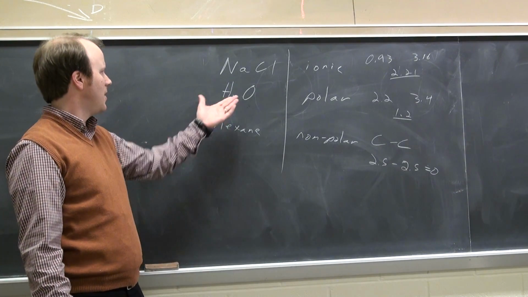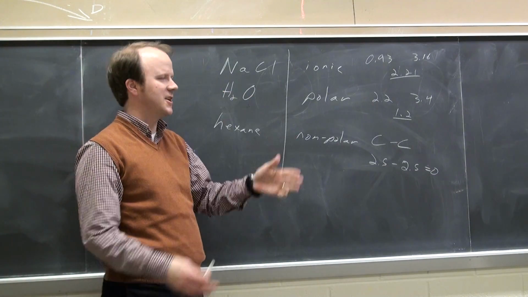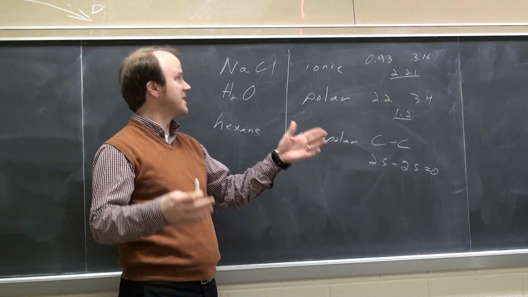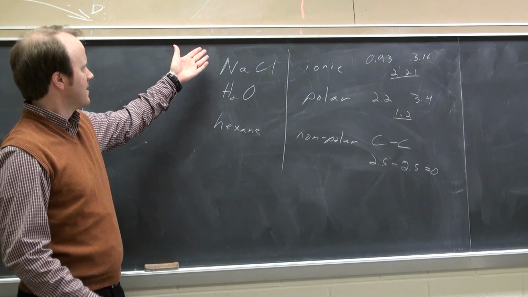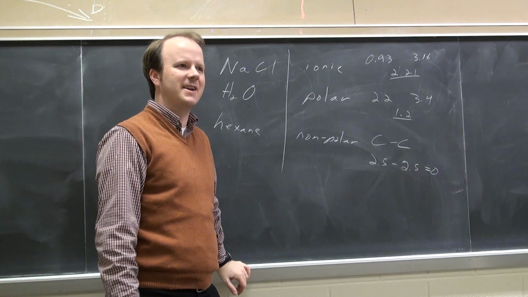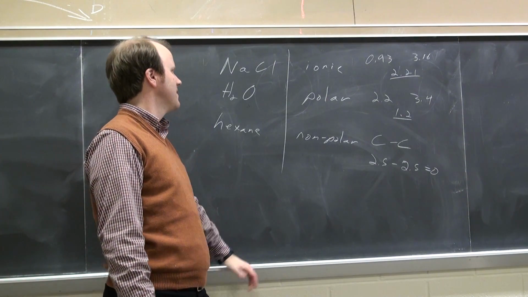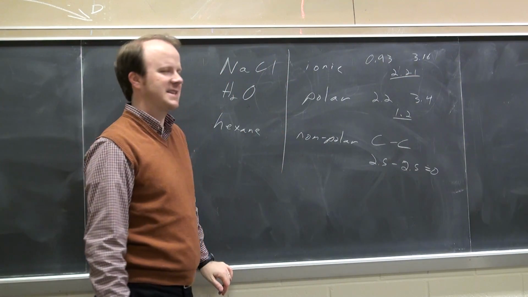And so you say, well, water's polar because I know the electronegativity difference between oxygen and hydrogen is a certain amount, but it's not all the way ionic. Or I might say, can you prove to me that sodium chloride is an ionic compound? You say, well, here's its electronegativity difference, and that's high enough.